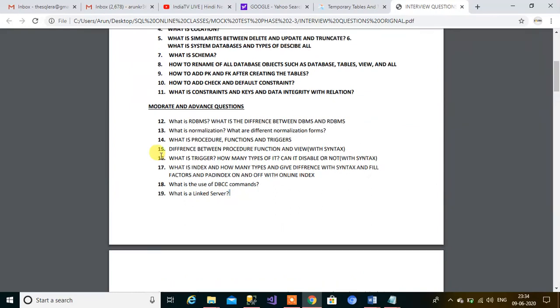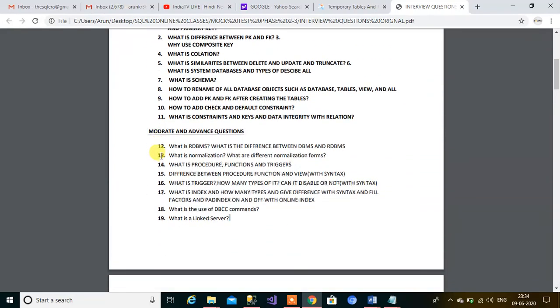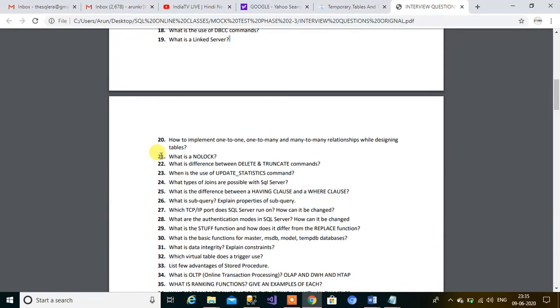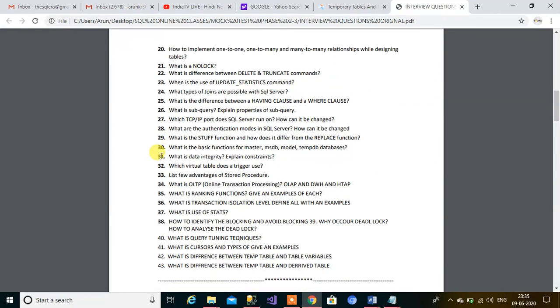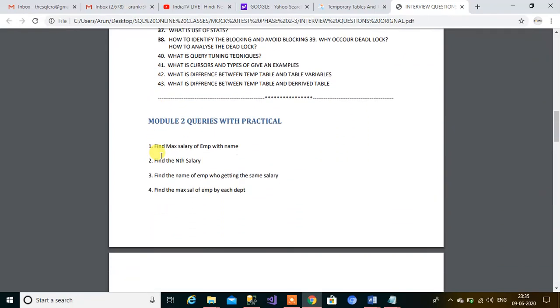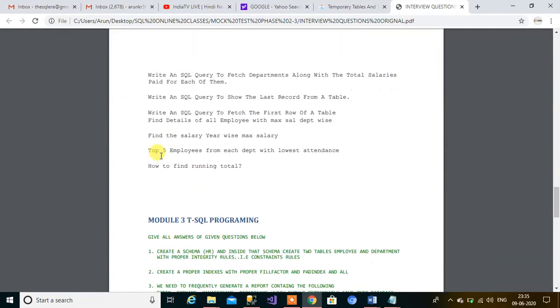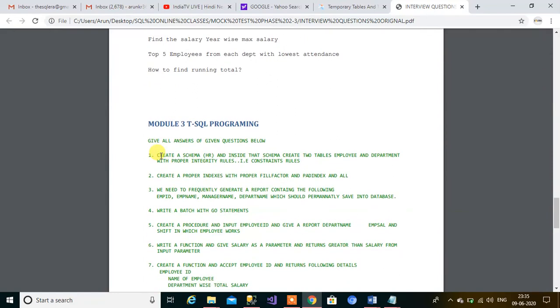Some questions you do not need to know about, like DBCC commands and data statistics. Module 3, T-SQL programming, if you can do it, is better for you, and you can go for more than 3 years of experience.